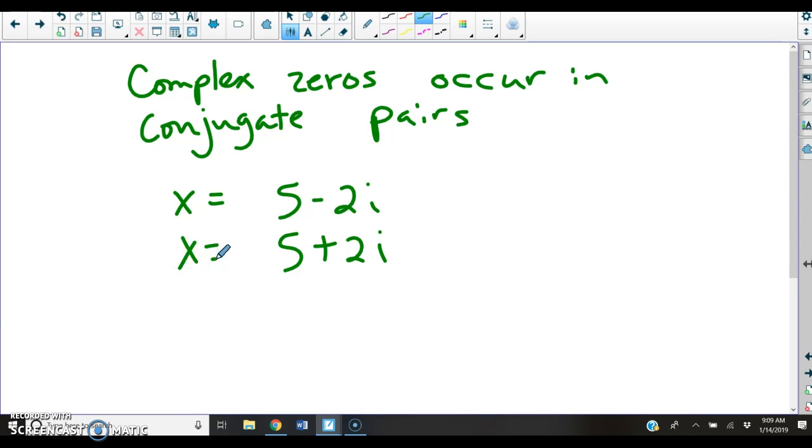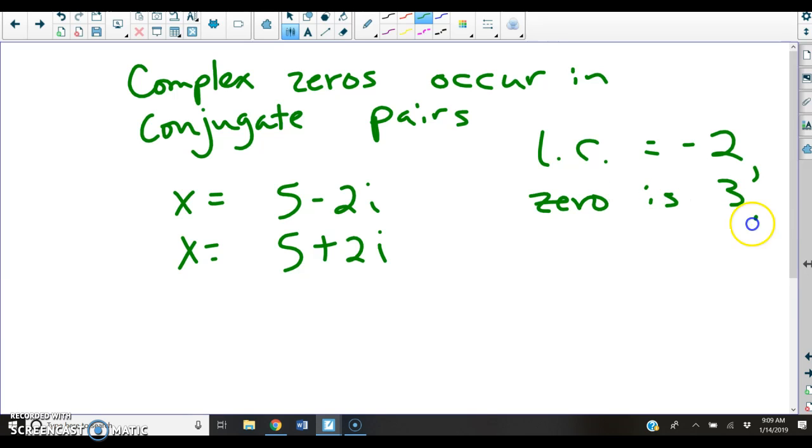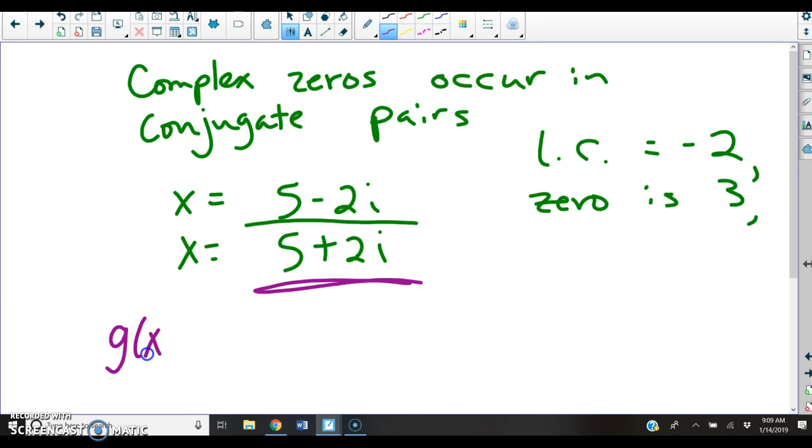So if I tell you we've got a polynomial with the lead coefficient -2, 1 zero is 3, another zero is 5 minus 2i, you need to know that the conjugate is the third one. There's many possibilities, but the easiest function would be, okay, let's use that lead coefficient -2.